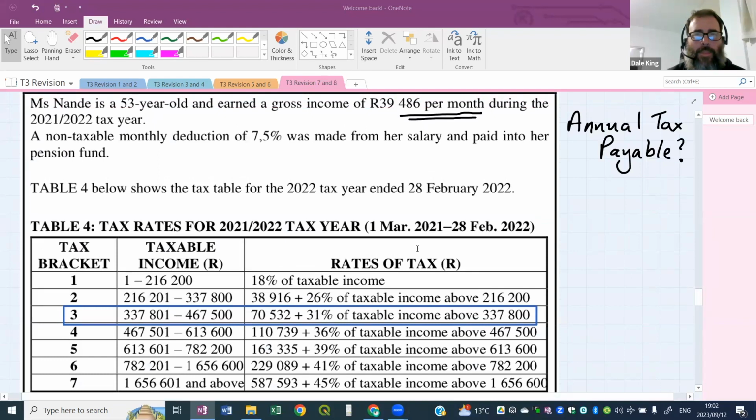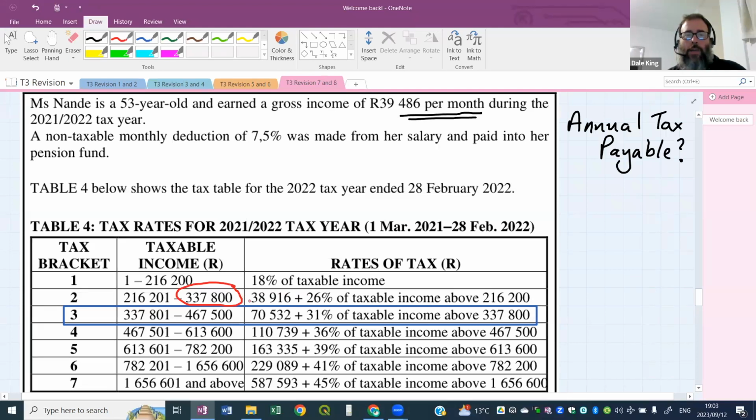Yes, Ben? So in the test that we did, it asked how do we calculate this? You see in the third bracket, it's 70,532. How was that calculated? Okay, so what you do is, as far as I know, we take the maximum value of the previous bracket, which is this value here, and we use the bracket 2 calculation to work out the tax for that.